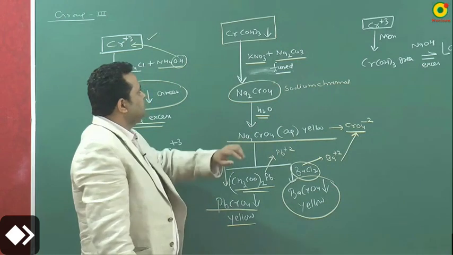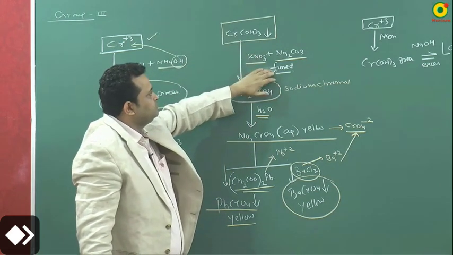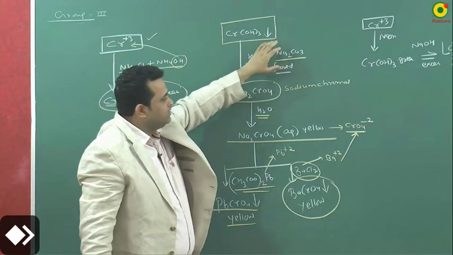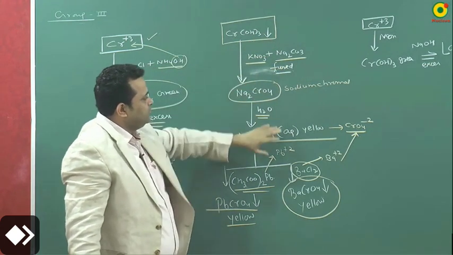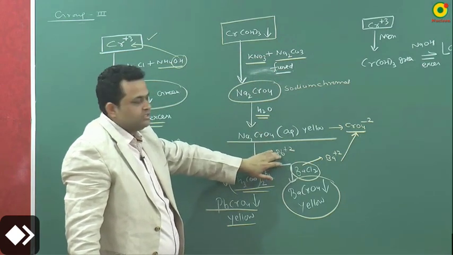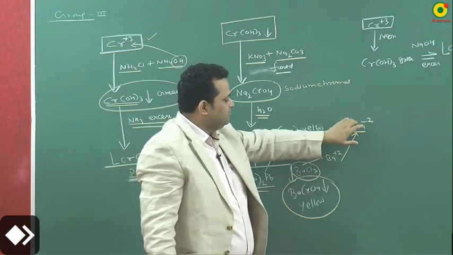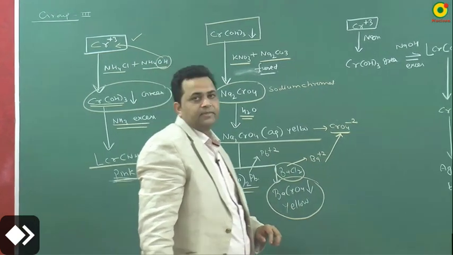So we can say that this green precipitate, after being fused with potassium nitrate and sodium carbonate, gives a sodium chromate solution which is yellow colored. In this solution, if Pb2+ is added, yellow precipitate is formed. If BaCl2 is added, yellow precipitate is formed.